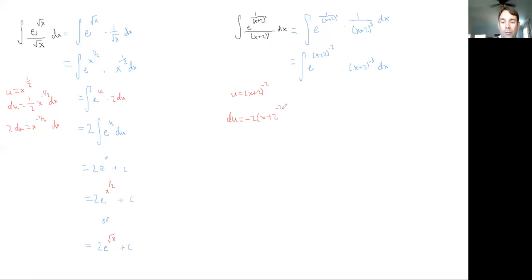So there's my x plus 2 to the negative 3 part. And I just have to get rid of that negative 2. So negative 1/2 du equals x plus 2 to the negative 3rd dx.